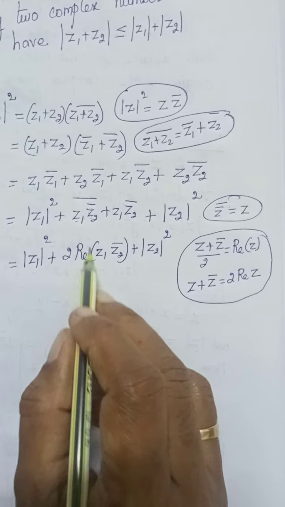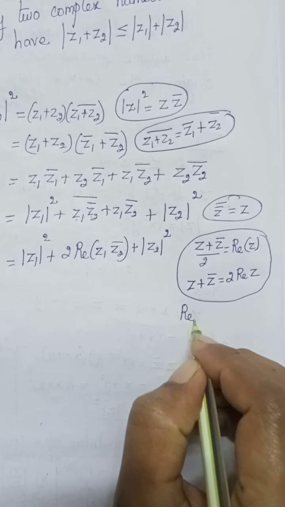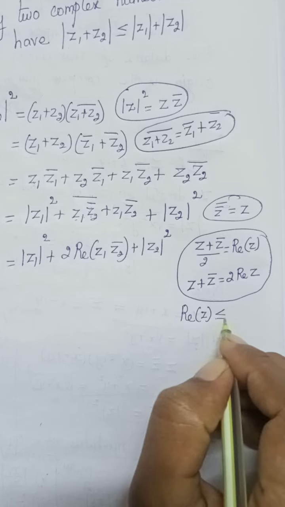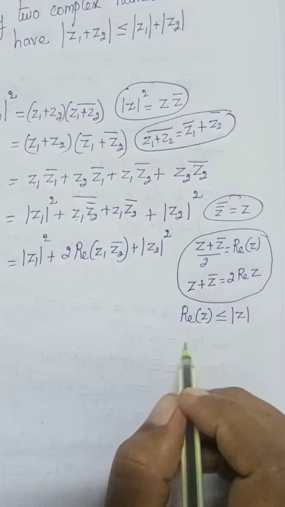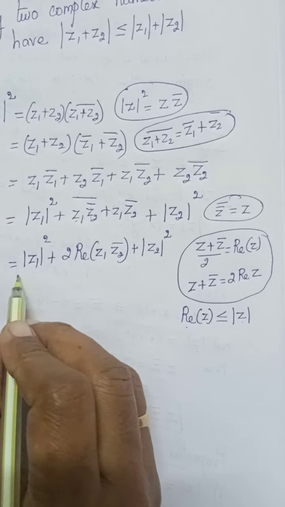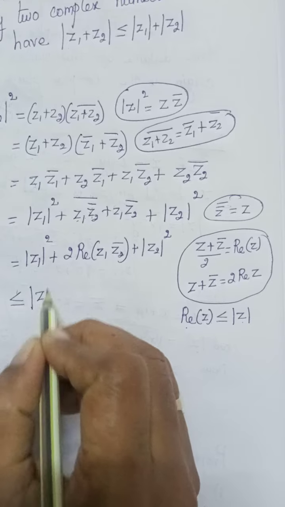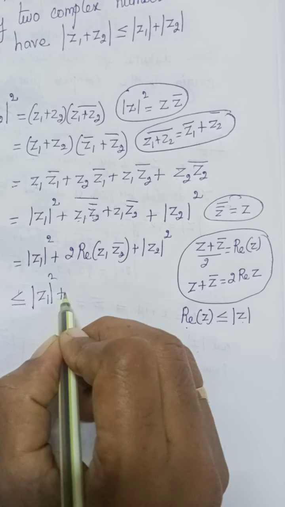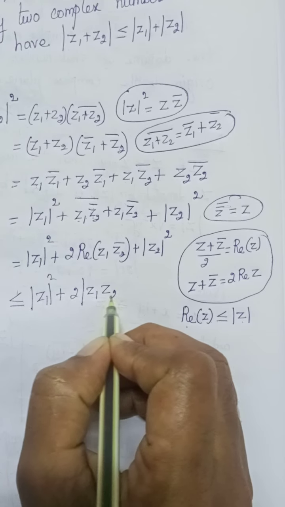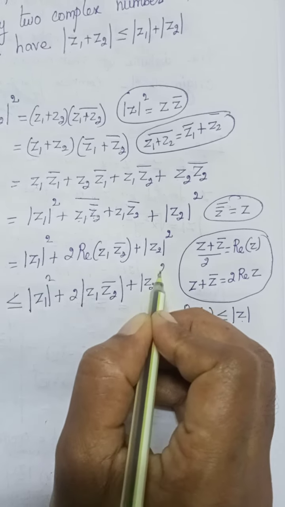Now, I have to remove this real part. Just before, in the properties, we learned that the real part of Z is always less than or equal to modulus Z. So equal to will become less than or equal to modulus Z1 square plus 2 into modulus of Z1 into Z2 bar plus modulus Z2 the whole square.